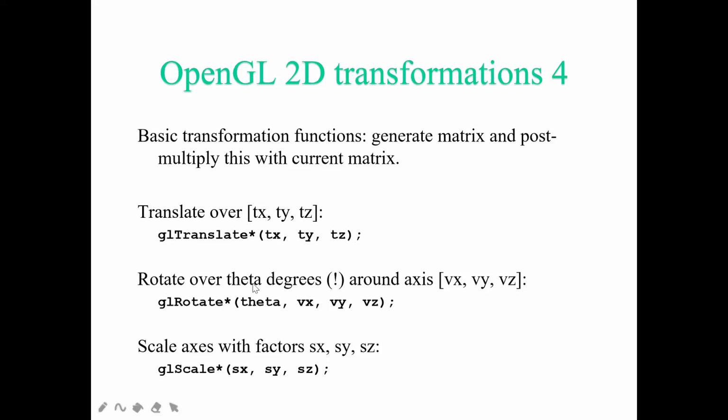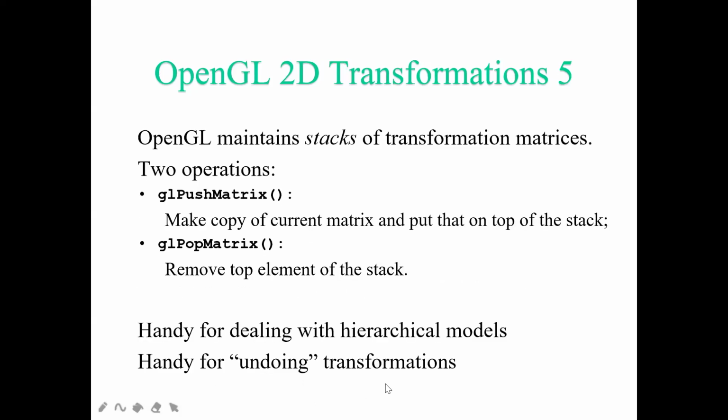If you want to rotate over theta degrees, write glRotate, then inside the brackets specify the angle, or you can write theta, then Vx, Vy, Vz or Rx, Ry, Rz. If you want to scale with factors, use the primitive glScale with Sx, Sy and Sz.